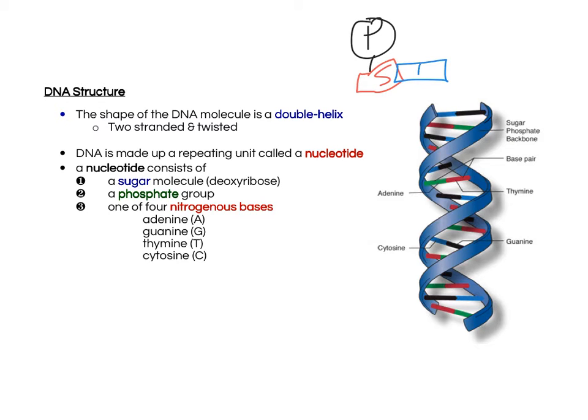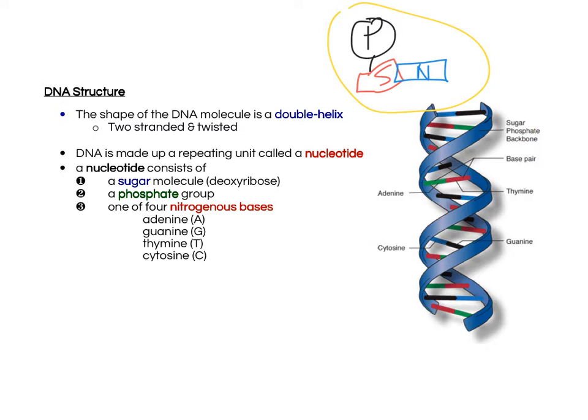That would be what we call a nucleotide. All of that together would be one nucleotide. And so when we talk about DNA structure, it has repeating units, each called nucleotides. In other words, we would take a multitude of these individual units and have them repeating along the sides of the ladder to make up the entire DNA molecule.